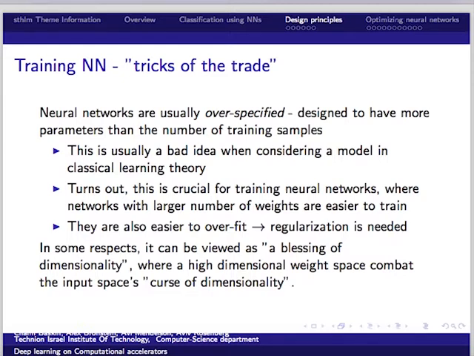Okay, so neural networks are usually designed to have more parameters than the number of training samples. It's actually not a rule, but it's a common practice that we should be aware of: the number of our parameters should be greater than the number of our samples.